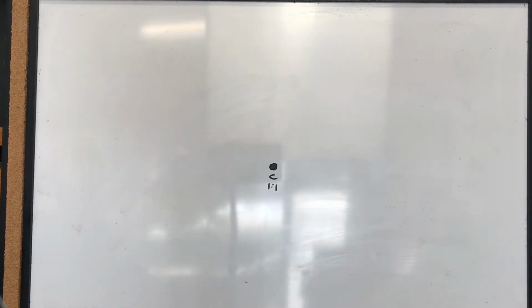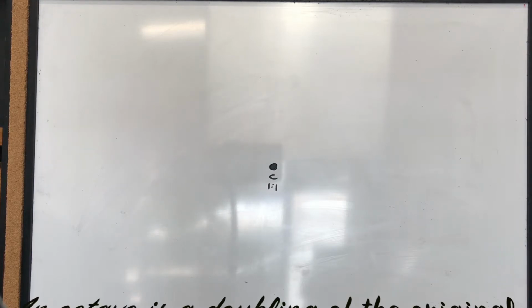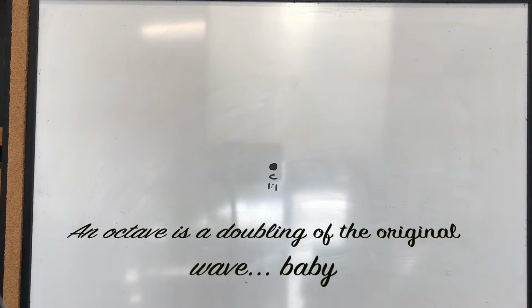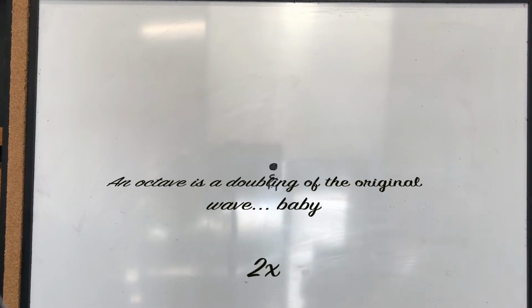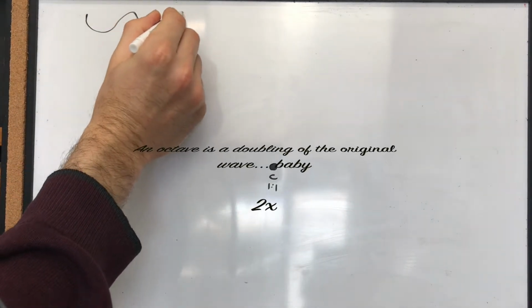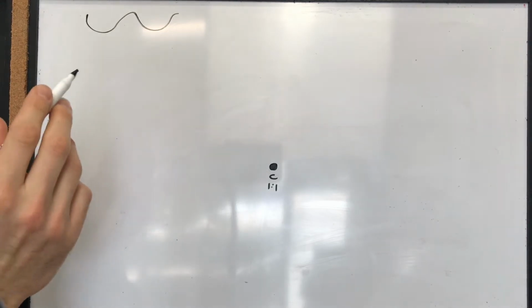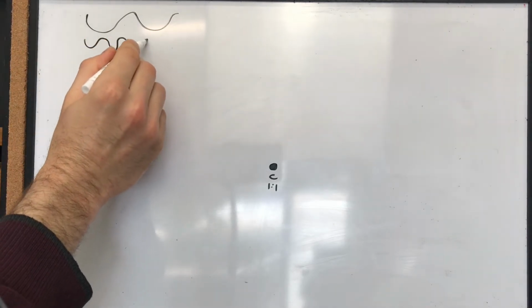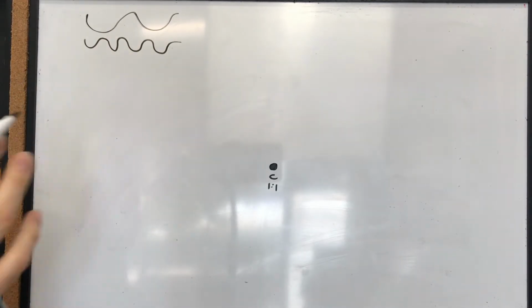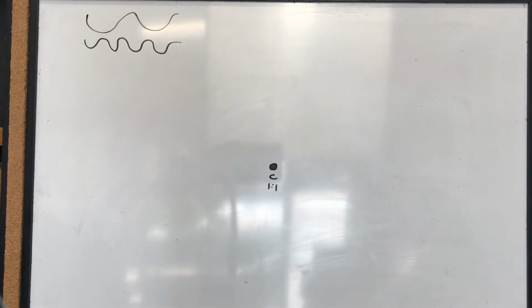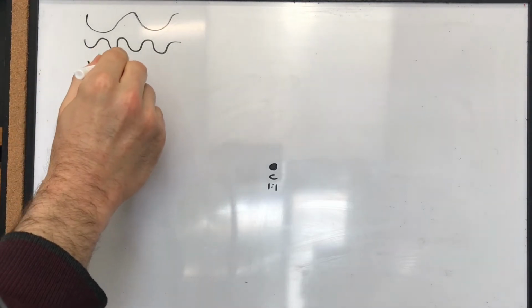Well, look, an octave is actually a doubling of the original waveform, a doubling in frequency of the original waveform. For instance, here's our first wave, and then check it out, I'm going to double it. Okay, there it is. And now I'm going to quadruple it. Beautiful, right?